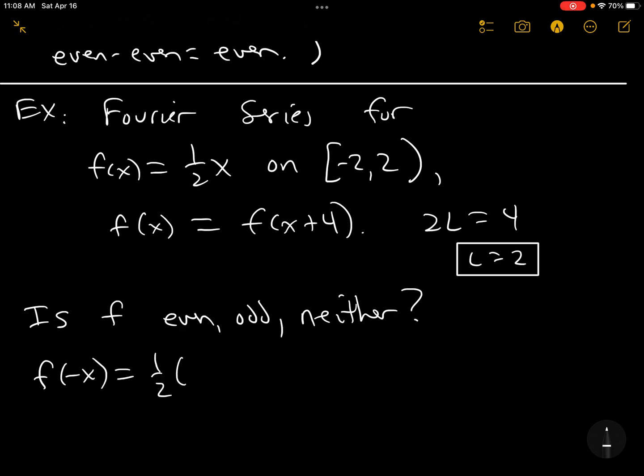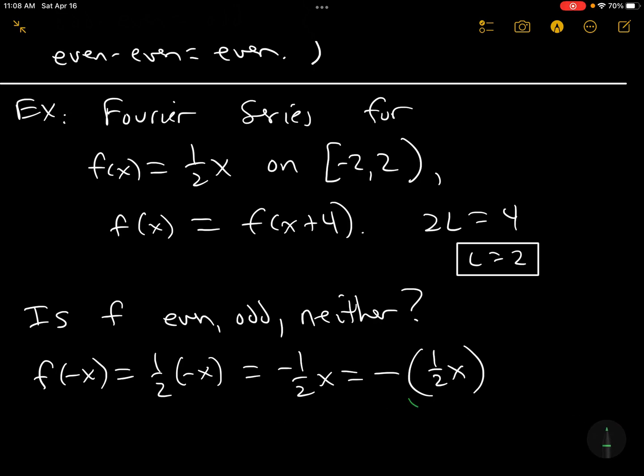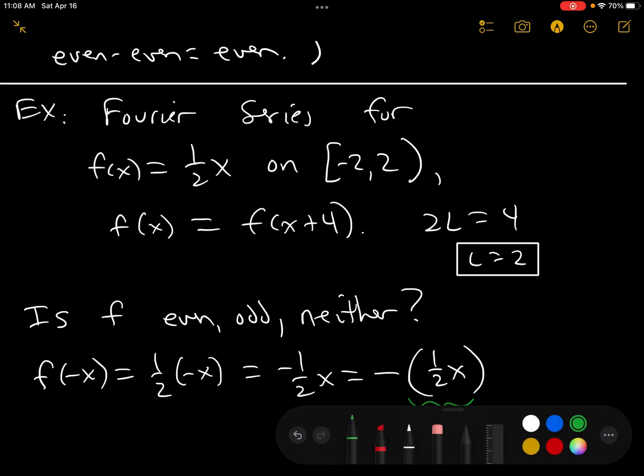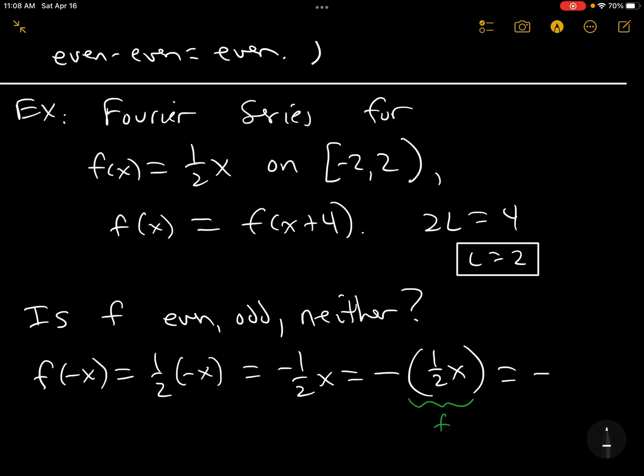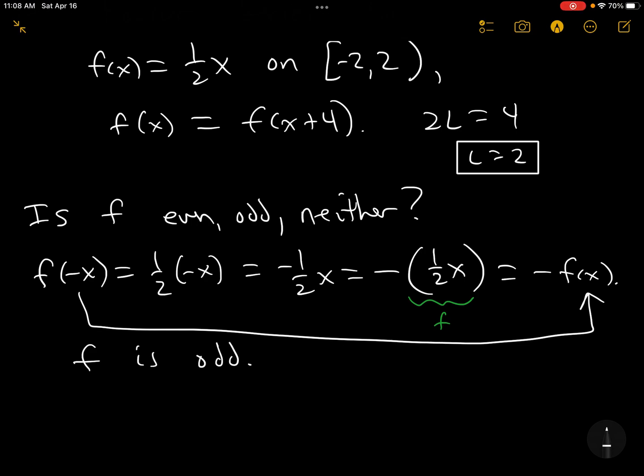Compute f of minus x. That's 1/2 times minus x, which is minus 1/2 x, and this is f. So I get minus f of x. So f of minus x equals minus f of x. Therefore, f is odd.